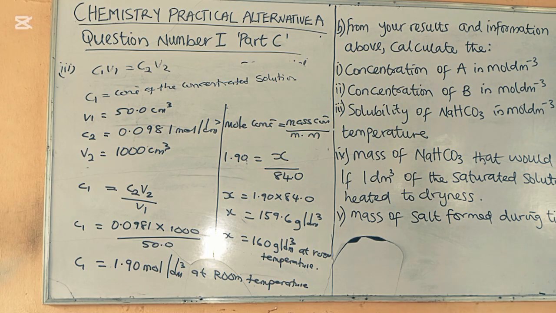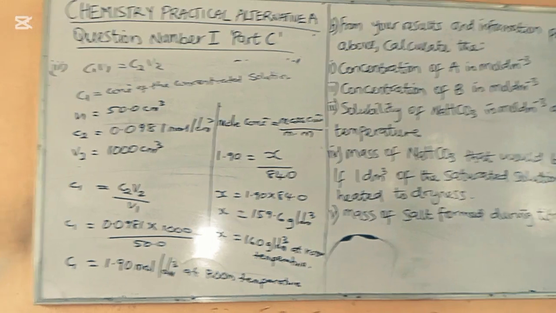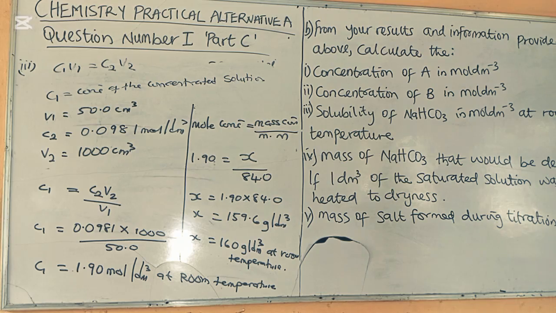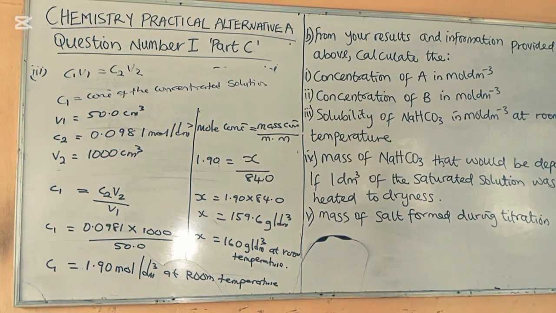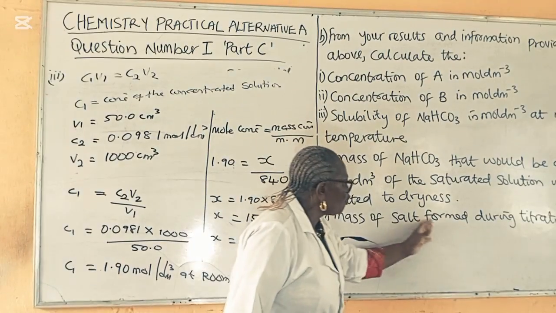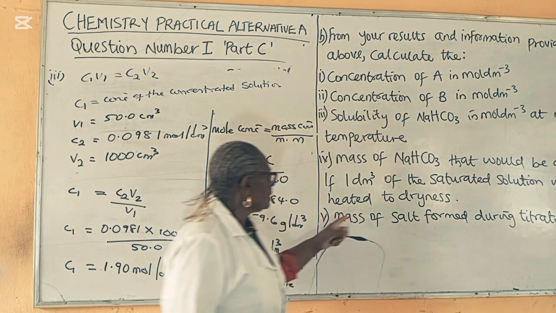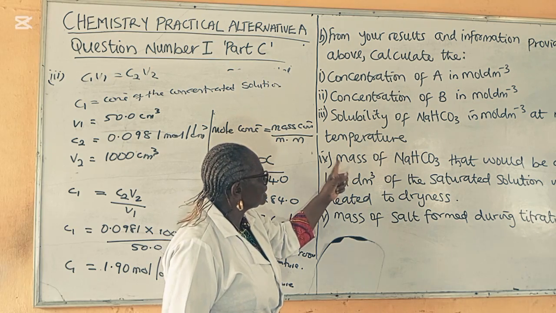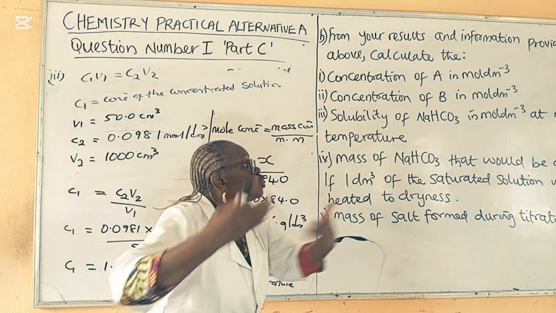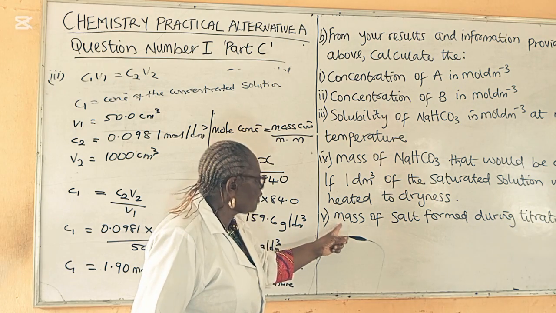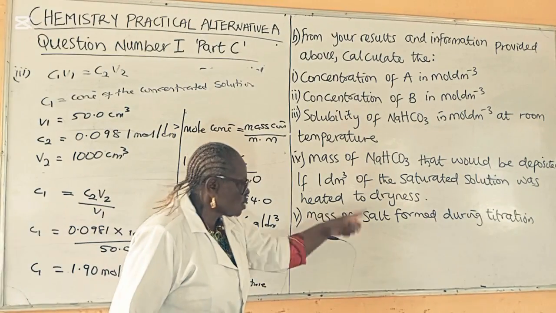So finally, for this number 1 question, which I know that God willing you performed excellently well, let's find the mass of the salt formed during titration. This one is not just mass concentration, but the mass produced. So we're going to base this on the balanced equation.